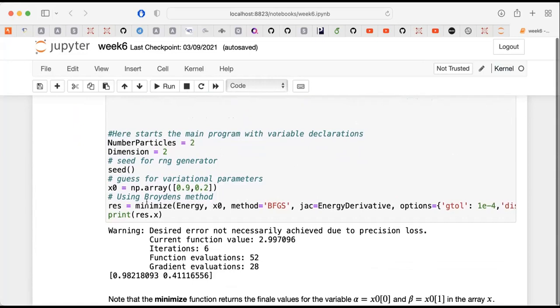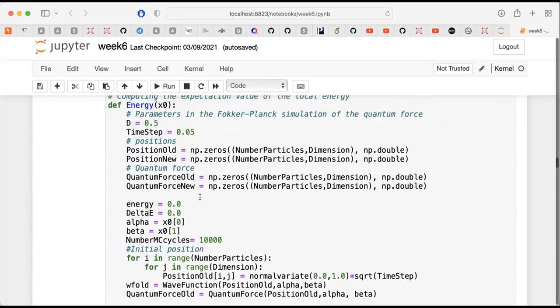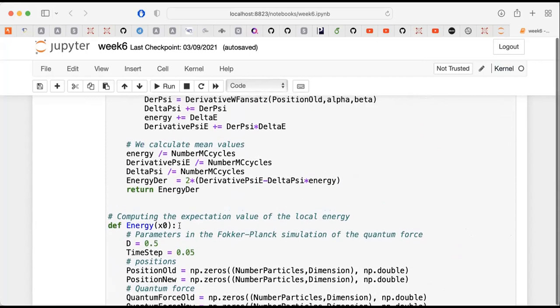There's a minimization function in scientific Python. I send in an array with the initial values for my parameters, 0.9 and 0.2. I call this function minimize. That needs a function which sets up the calculation of the energy, so that's why I have the function up here, which is called energy.